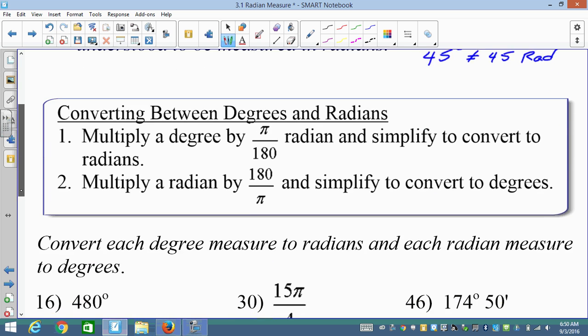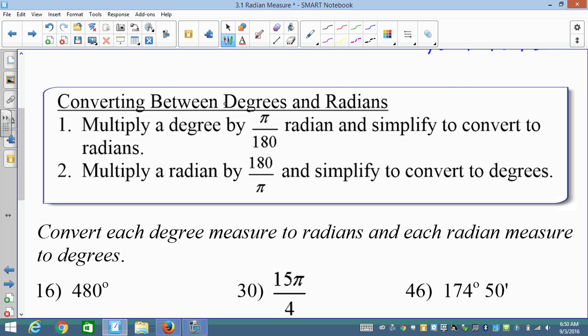So converting between the two: multiply a degree by pi over 180 radians and simplify to convert to radians. These will be left in terms of pi, and so you'll always get a whole number or fraction.